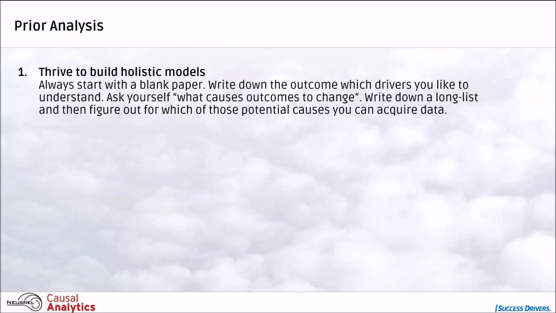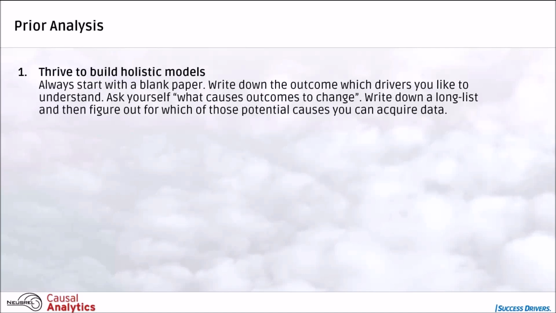First, we need to strive to build holistic models. Always start with a blank paper. So write down the outcomes, which drivers you like to understand. Ask yourself what causes those outcomes.